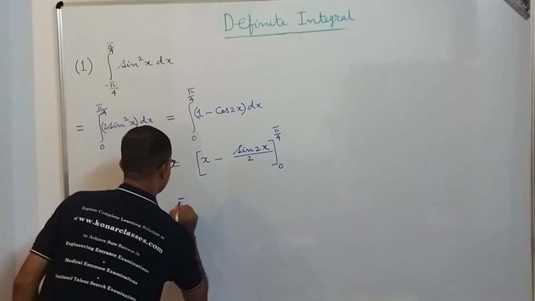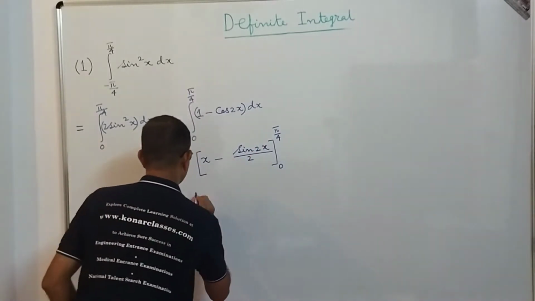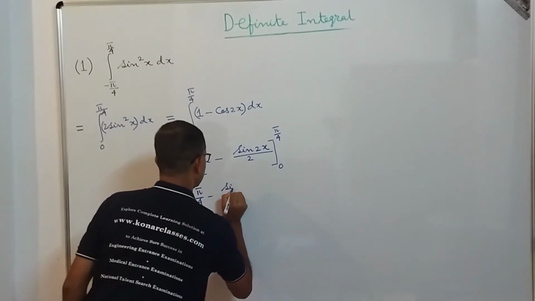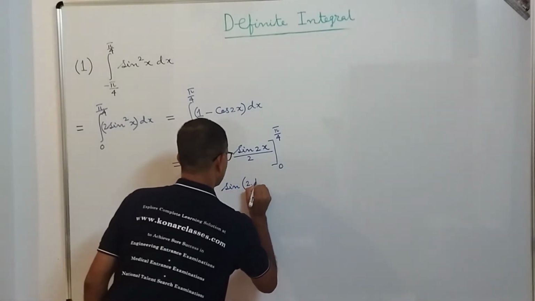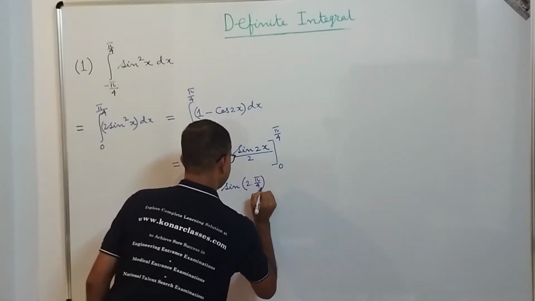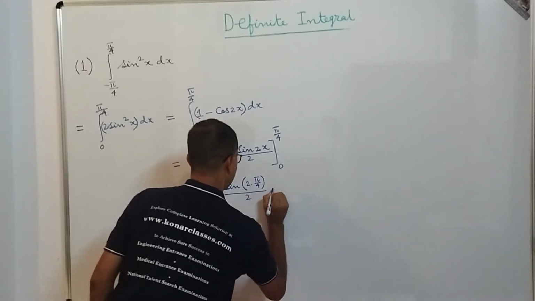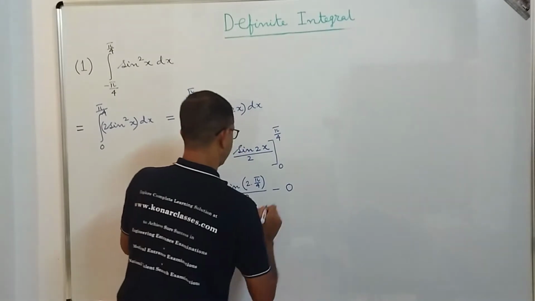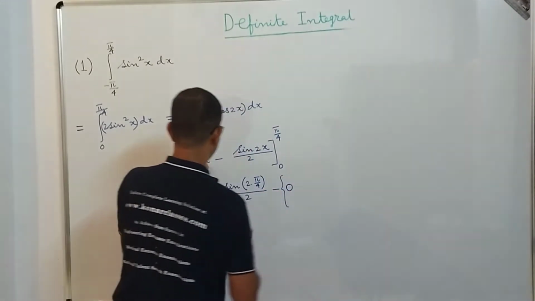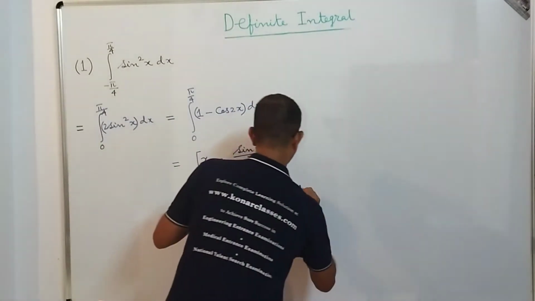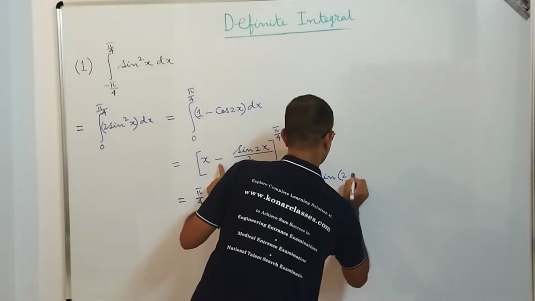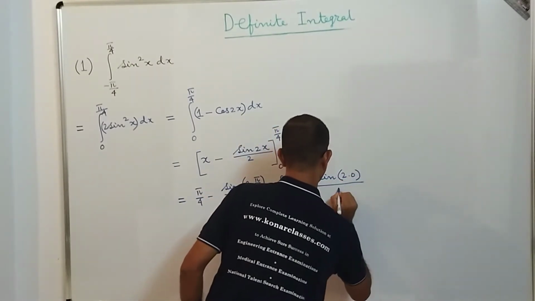So now let's put in the upper limit first: pi by 4 minus sine of 2 into pi by 4 divided by 2, minus the lower limit value, which is 0 minus sine 2 into 0 divided by 2.